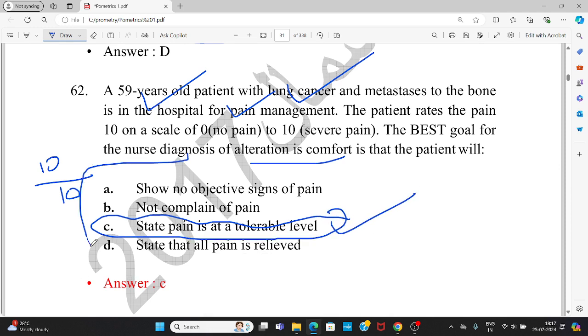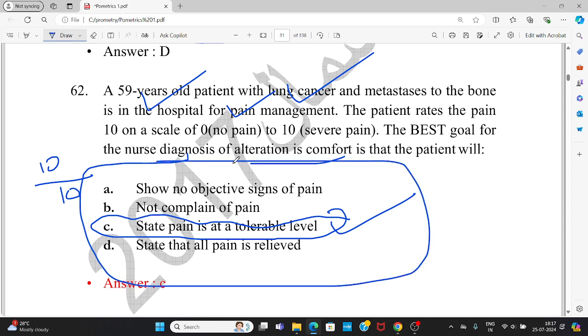So these are the kinds of questions that come directly from fundamentals. See, you have a patient, and the patient is now giving you a score that it is 10 by 10. My pain is 10 by 10. So when you frame a nursing diagnosis, what is your goal? Is it that the patient will not complain of pain or the patient will have a tolerable level of pain?